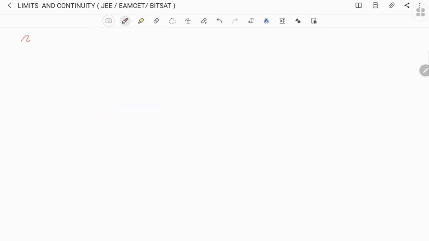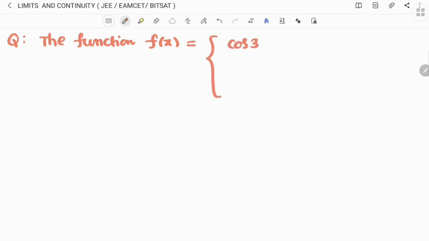See here, the function f of x is equal to cos 3x minus cos 4x divided by x square for x not equal to 0, and 7 by 2 for x equal to 0.